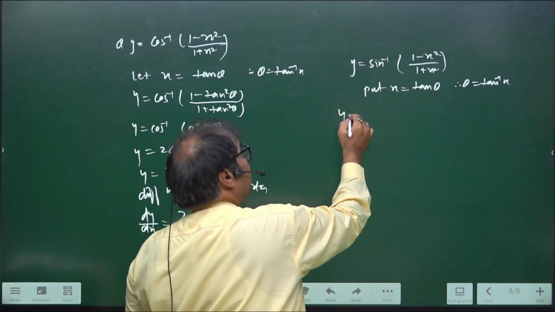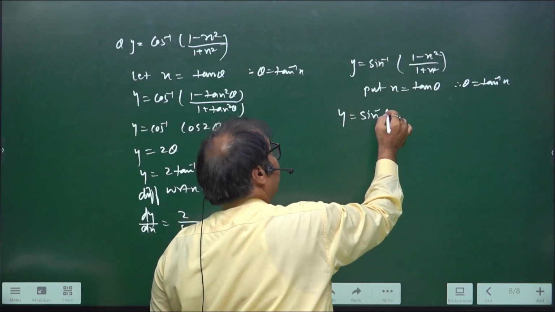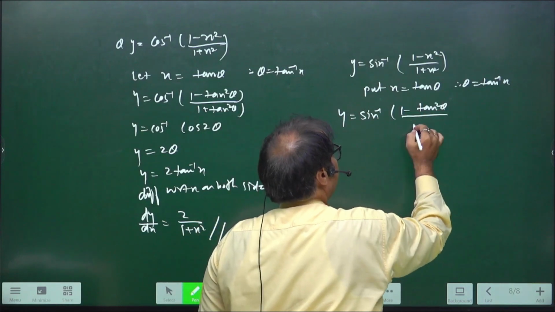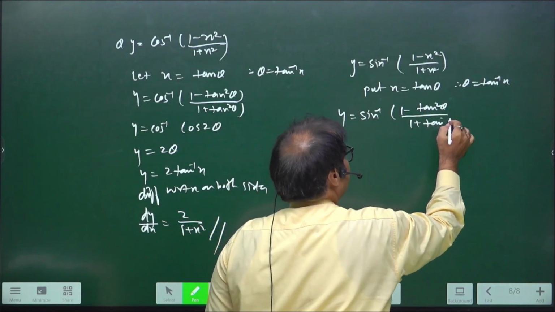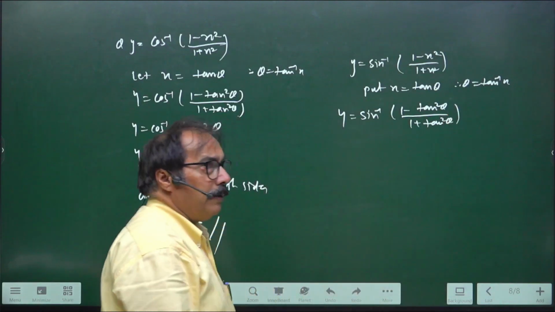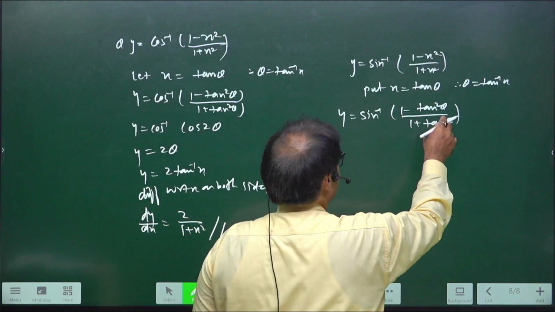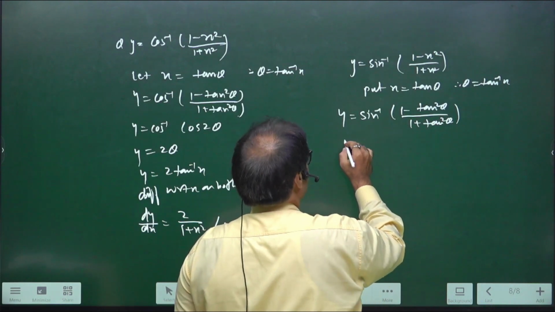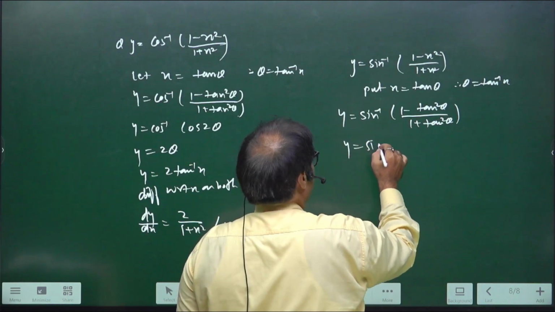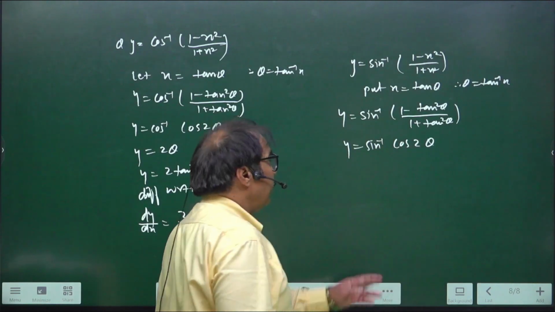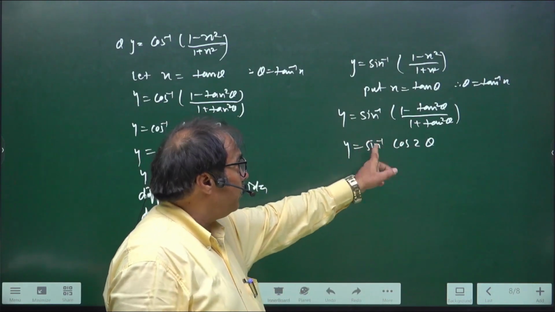So now this becomes y is equal to sine inverse of (1 minus tan square theta) divided by (1 plus tan square theta). And (1 minus tan square theta) upon (1 plus tan square theta) is equal to cos 2 theta, right? So sine inverse cos 2 theta, and the inverse is given in terms of sine.